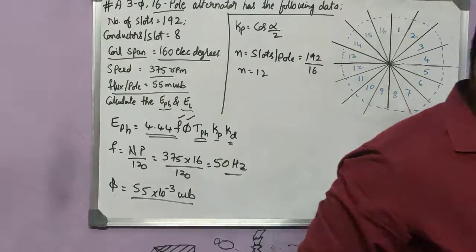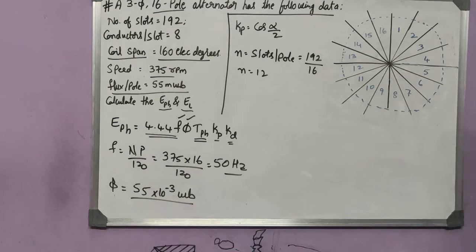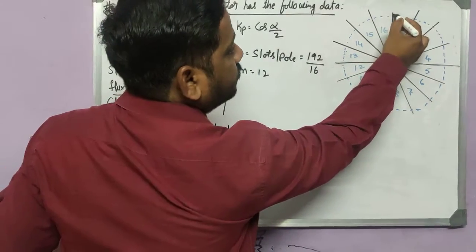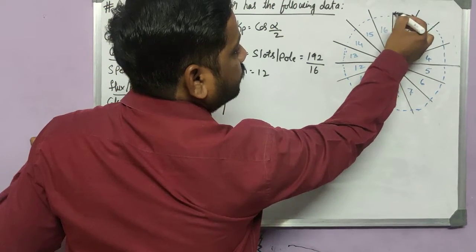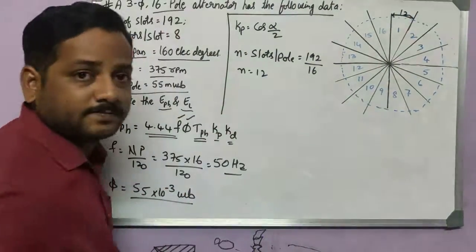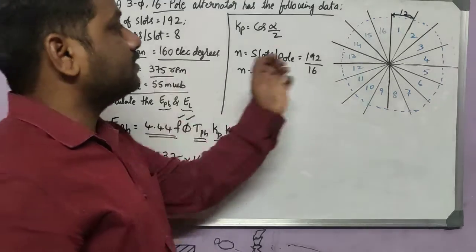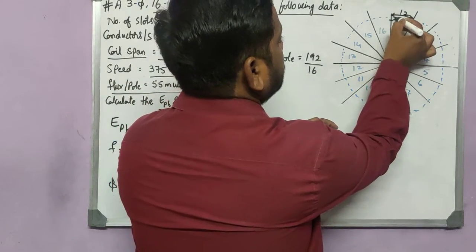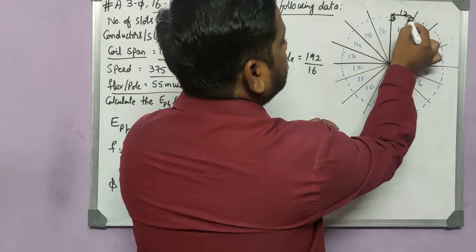The number of slots per pole has to be identified, and that is 12. It means in this one pole we are going to have 12 slots. Say this is the first slot here, and this is the 12th slot.